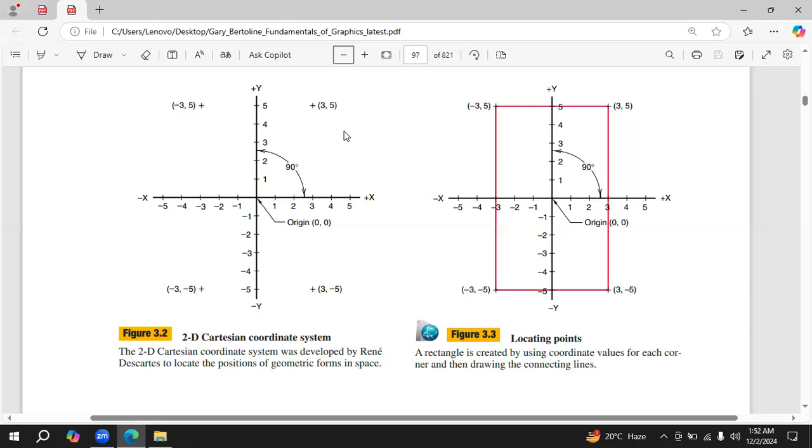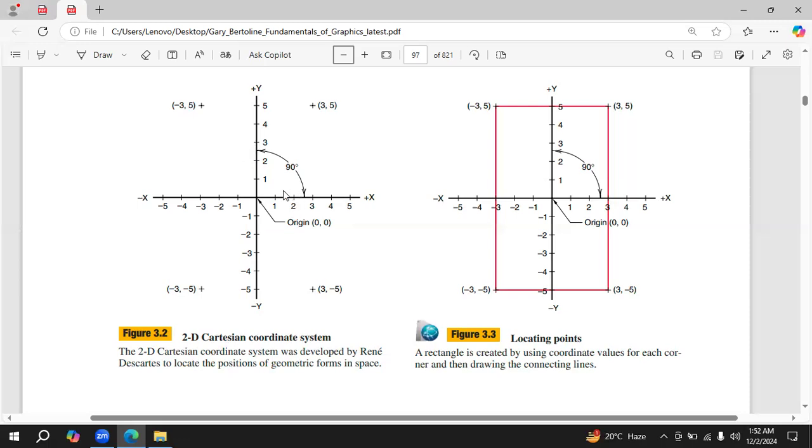The world coordinate system always begins with the 0, 0 point, which is exactly the meeting point of those two axes.